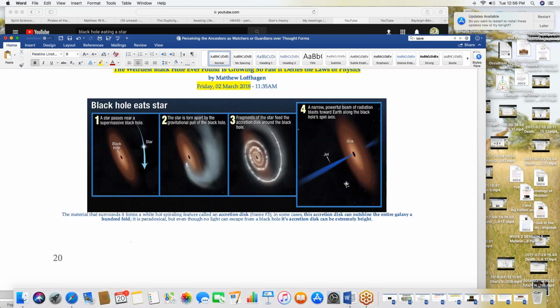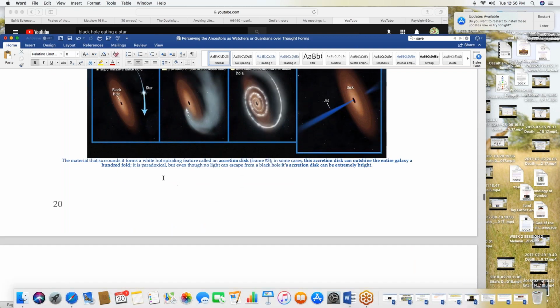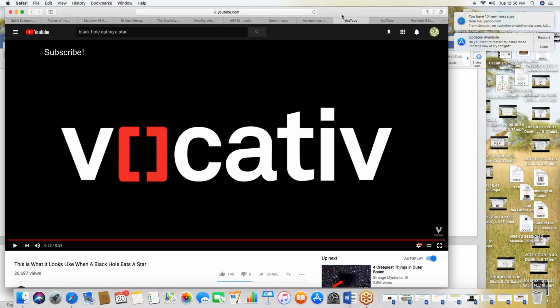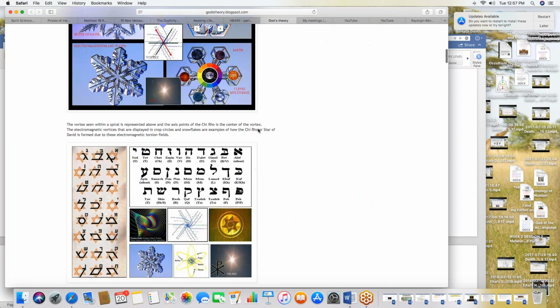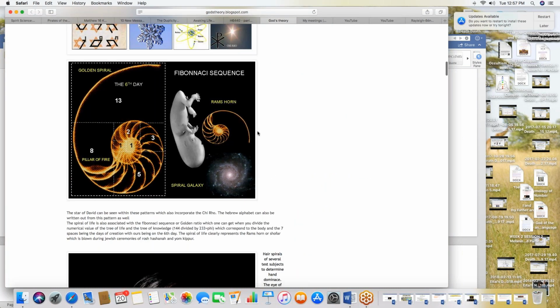The material that surrounds the black hole forms a white-hot, spiraling feature called the accretion disk. And if you look at that accretion disk, it looks like the Fibonacci spiral, right?